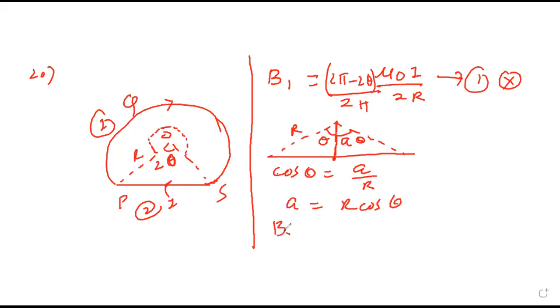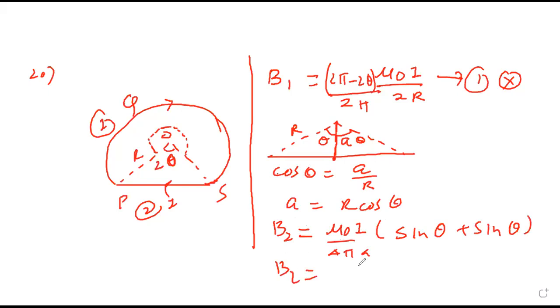Now magnetic field due to current in finite wire is mu naught I upon 4 pi a into sine theta plus sine theta. Do you remember the formula? Yes, sir. 4 pi into a is r cos theta. This will become sine theta plus sine theta is 2 sine theta. 2 you can cancel.